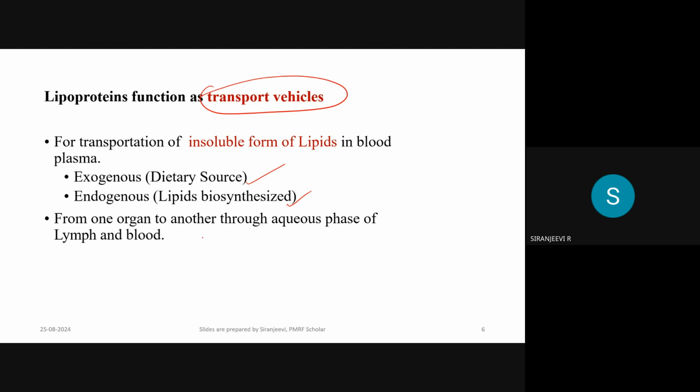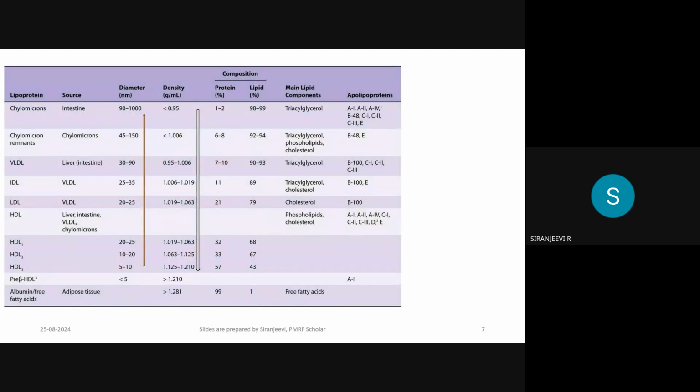We are going to see the different types of lipoproteins present in our body and how they help in the transport of lipids. There is an inverse correlation between the diameter of the lipoprotein and its density.